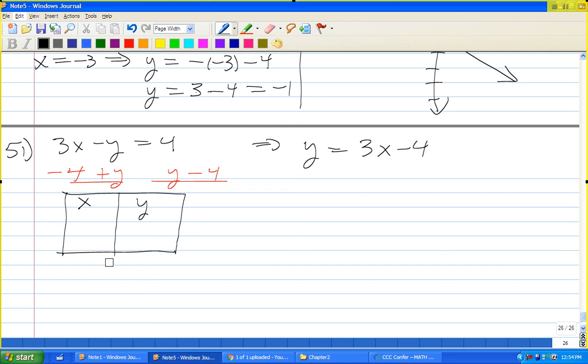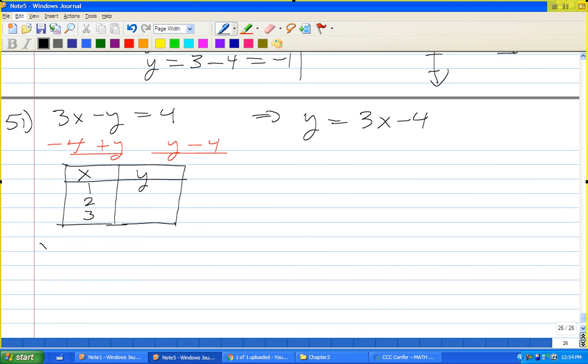Let's pick the following values for x. I guess just 1, 2, 3, because negative 1 gives you 7. So 1, 2, 3 is better. Okay, so let's pick 1, 2, 3.